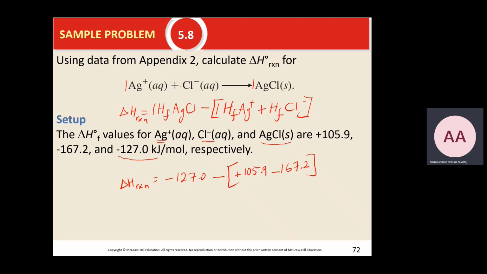Do it very quickly, so that everything is multiplied by 1 only because the coefficients for these are 1.